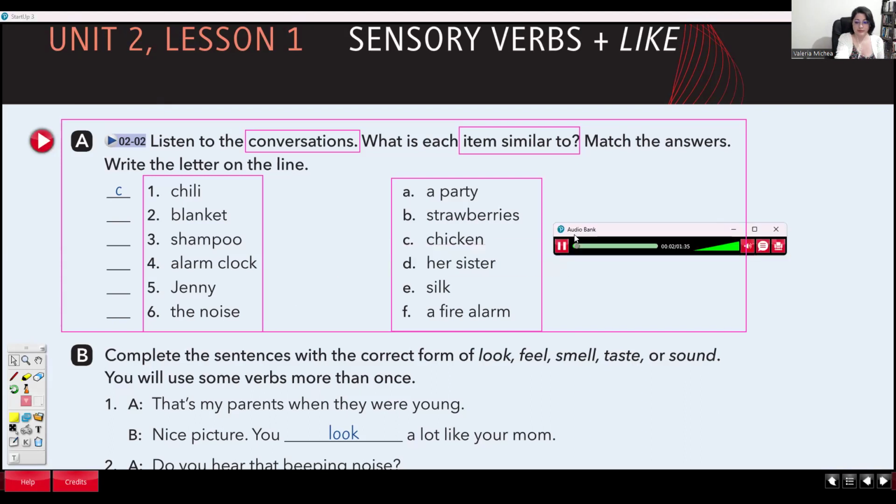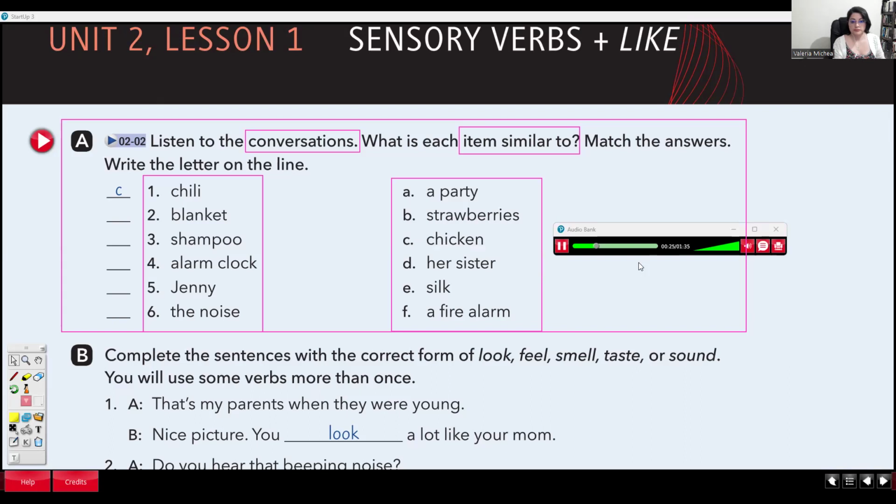1. This is delicious chili. Did you make this? No, it's from a can. Mmm, it's great. It tastes like chicken. Actually, it's turkey chili. 2. That blanket is beautiful. Thanks. I made it for Ellen's baby. It's perfect.